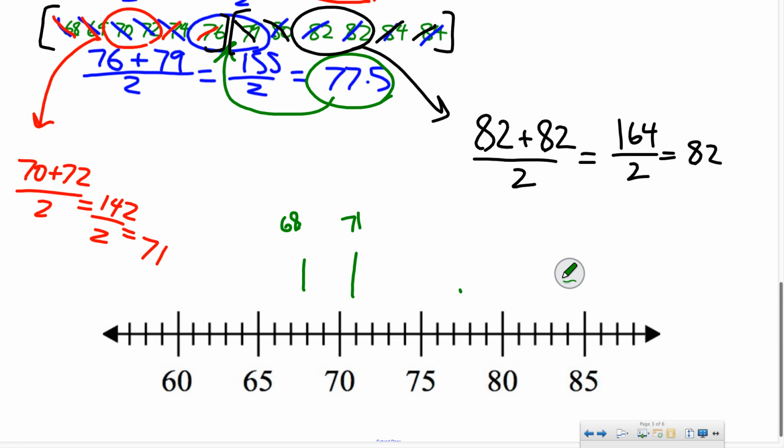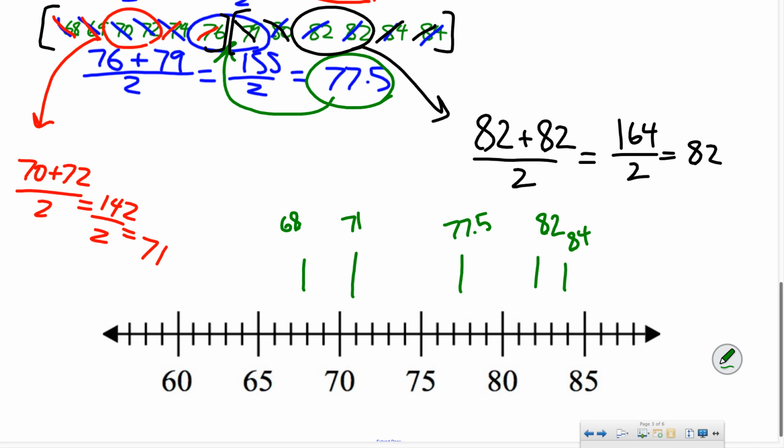That's right about here. Okay, the upper quartile, 80, 81, 82, it's going to be right here. And then the maximum value, what is that? 84. There's 85, so that means this is 84.